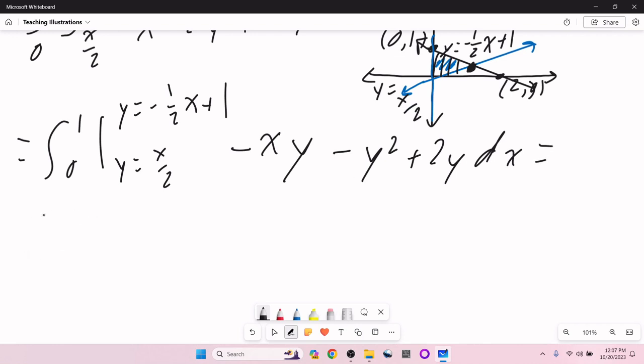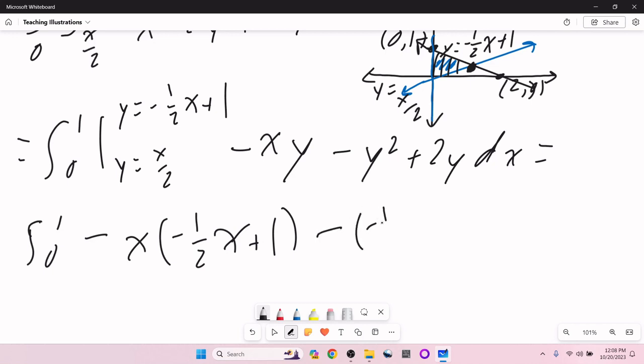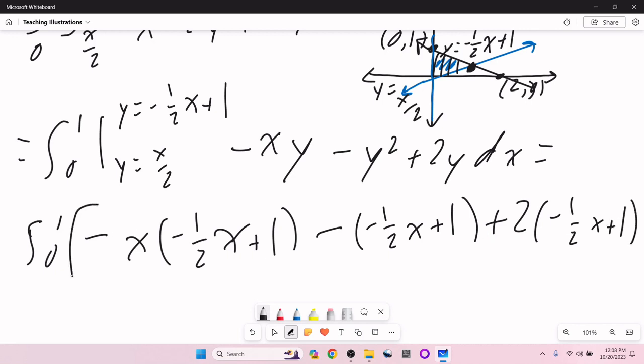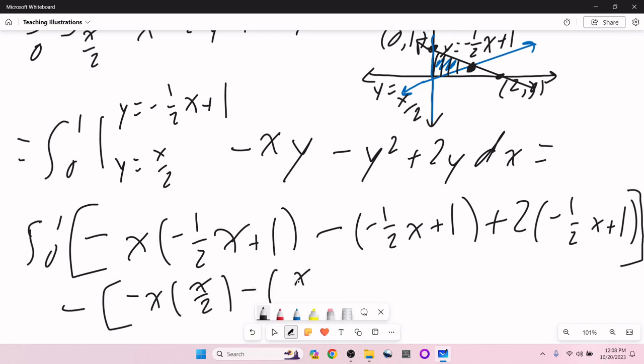We will get the integral from 0 to 1 of, let's see, -x(-1/2 x plus 1) minus (-1/2 x plus 1) squared plus 2(-1/2 x plus 1), big brackets, minus, big brackets, -x(x over 2) minus (x over 2) squared plus 2(x over 2).